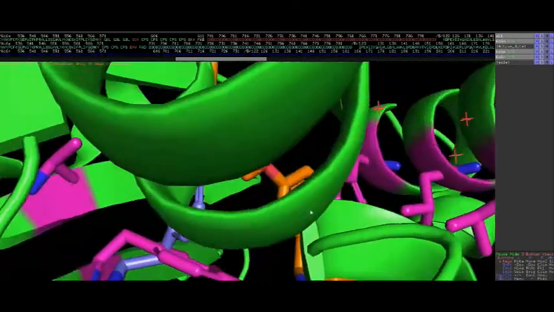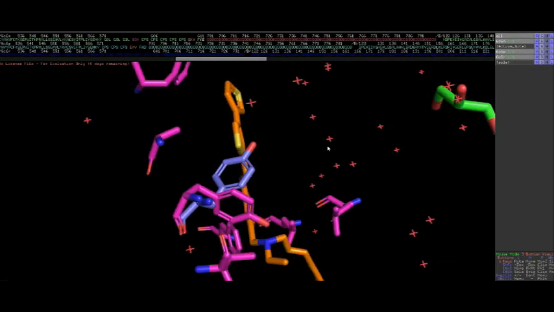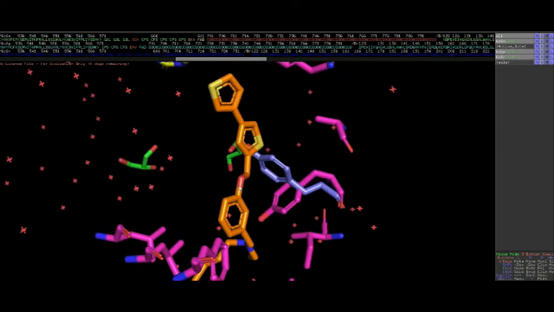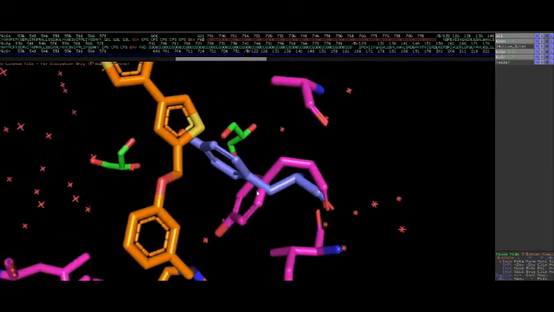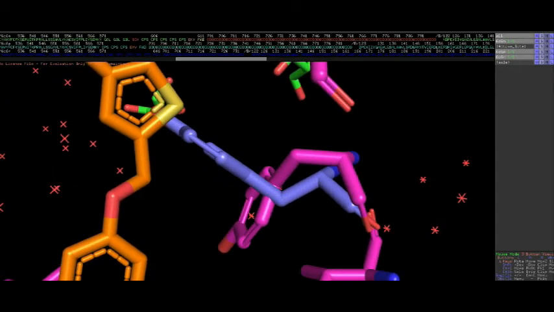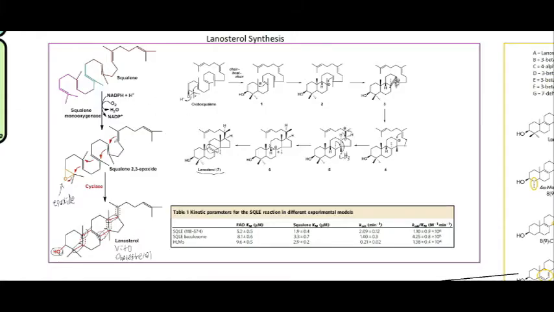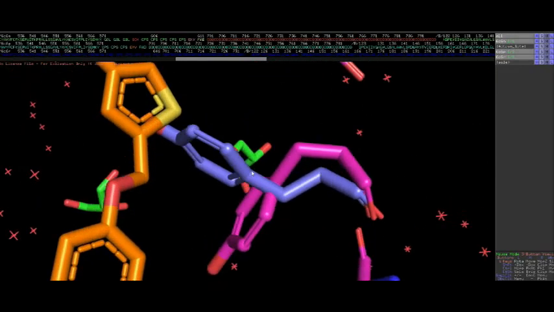So we can see these active site residues here, and in fact I can get rid of some of the noise and just look at the active site residues. So this tyrosine here, this tyrosine must be involved.